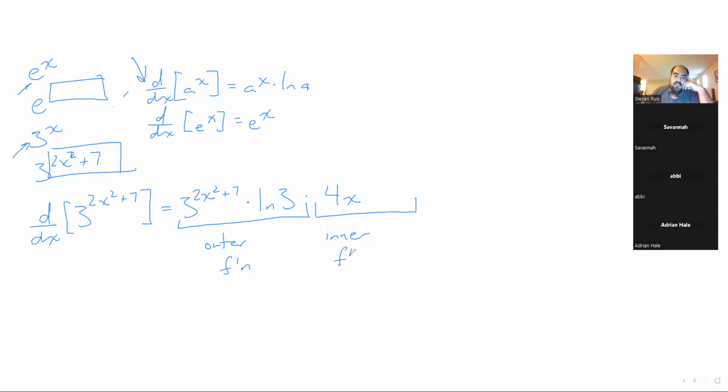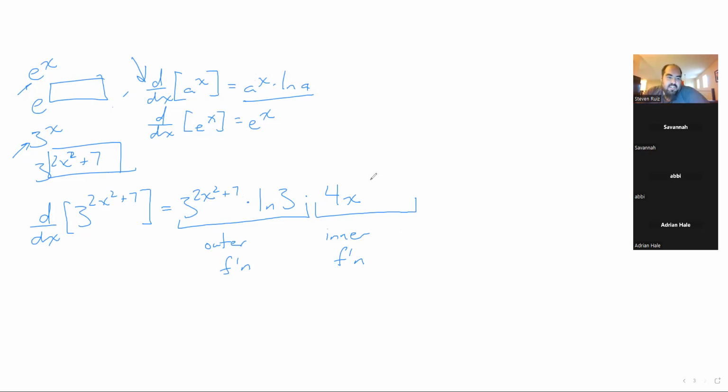So even though I didn't set it up as completely as I did in the last 2 examples, I still did use the chain rule. I took the derivative of the outside function, which I got straight from a to the x times natural log of a. My a is 3. My x in this case is really a more complex function of x, times natural log of 3. So there's my outer function. I have to multiply it by the derivative of the inside.